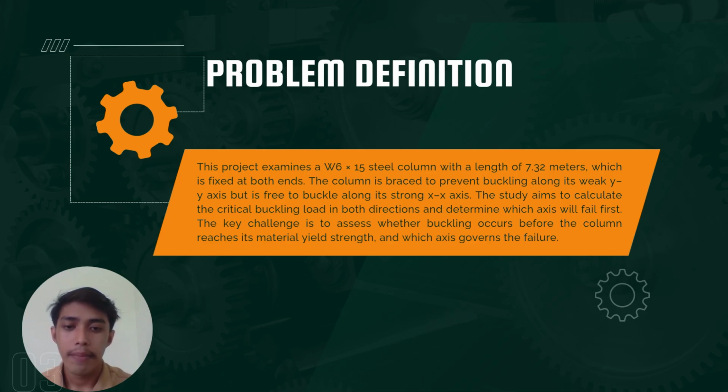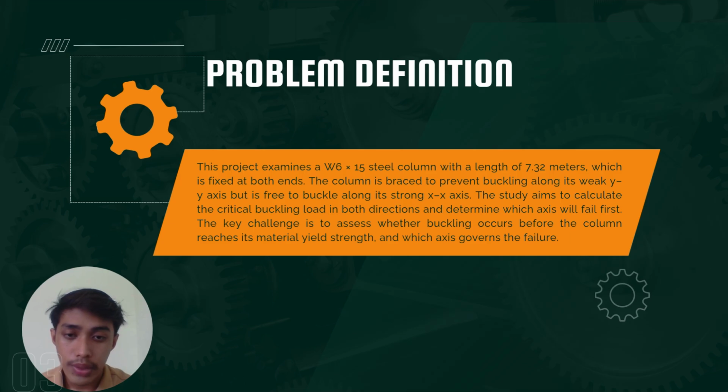Hi, my name is Muhammad Shafiq Muhammad Atman, and I would like to present about the problem definition for this project. This project examines a W6 x 50 steel column with a length of 7.32 meters, which is fixed at both ends. The column is braced to prevent buckling along its weak Y axis, but is free to buckle along its strong X axis.